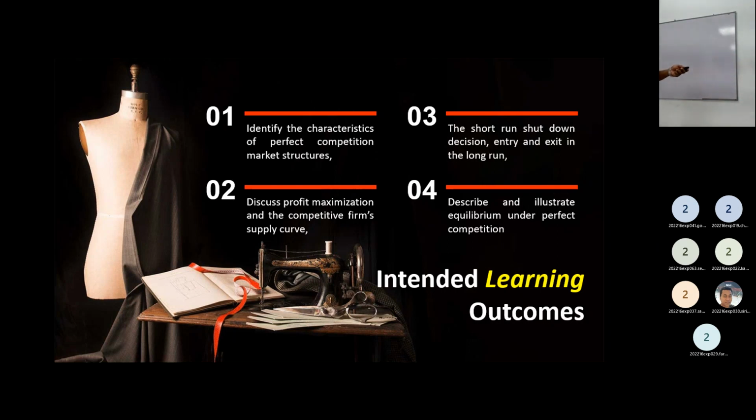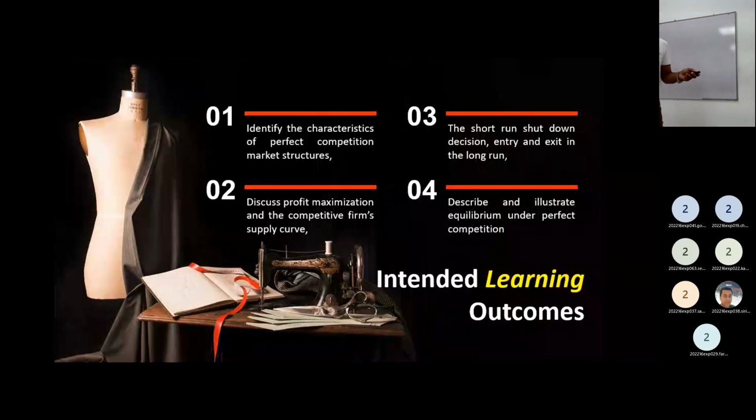Then discuss profit maximization and the competitive firm's supply curve, the short run shutdown decision, entry and exit in the long run, and describe and illustrate the equilibrium under a perfectly competitive market structure. So if you are not familiar with these terminologies, don't worry. In the process of learning, you can be a master definitely if you follow it properly.